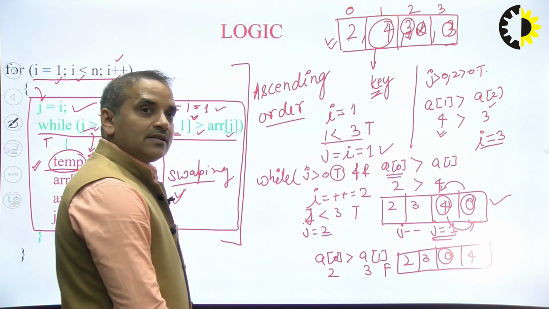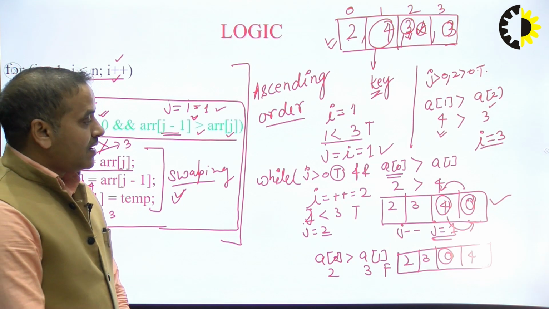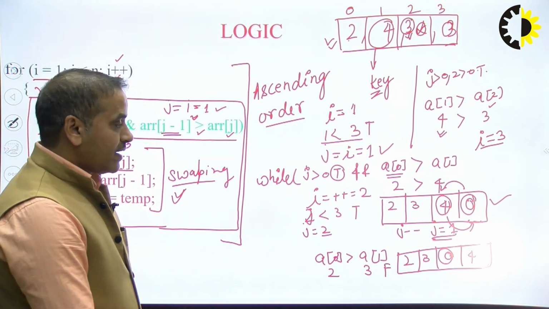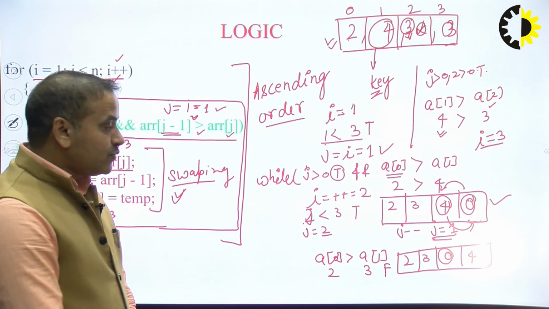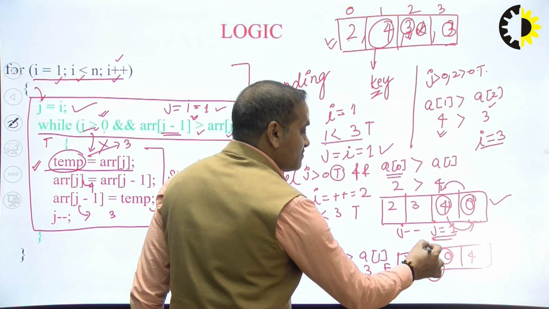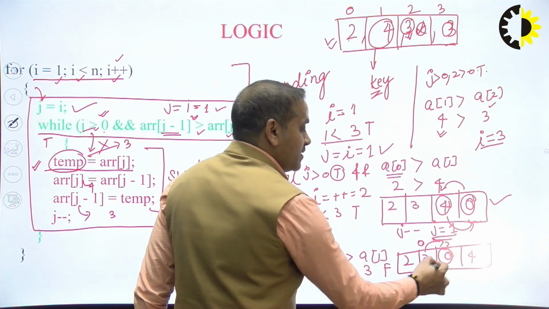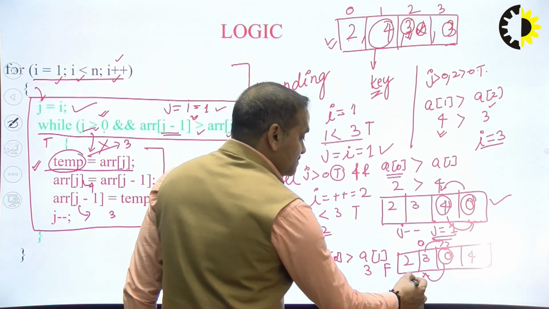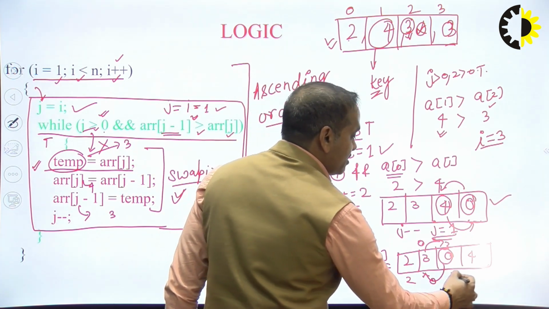At that condition, the value of j is decremented again by 1 and the value is a[1]. a[1] is greater than a[2], the condition is true. Now again swap, here comes 0 and here goes 3. Then the array is 2, 0, 3 and 4.